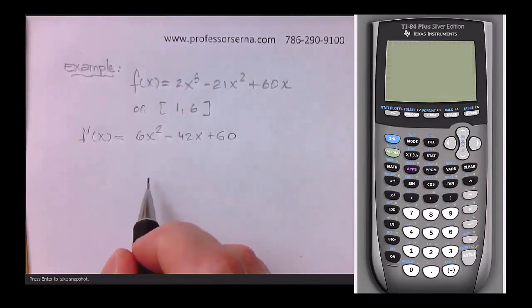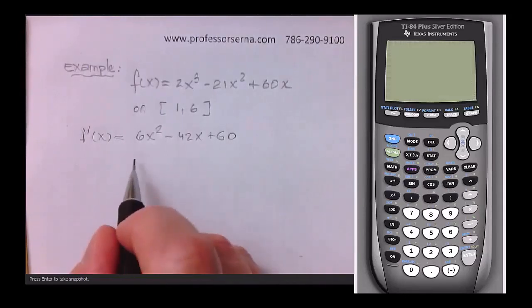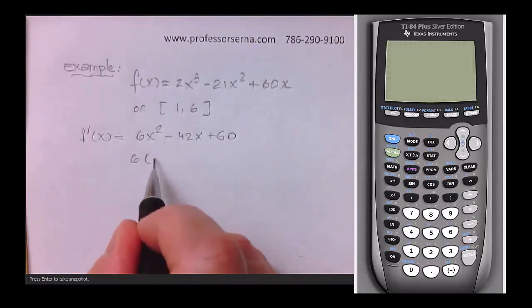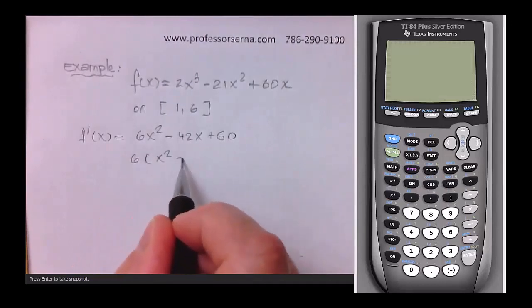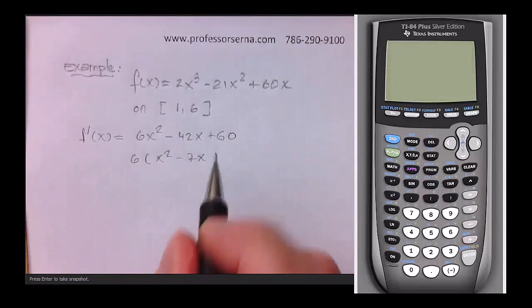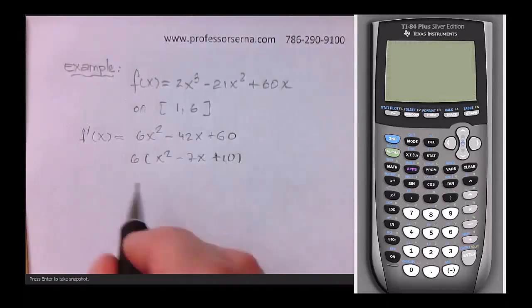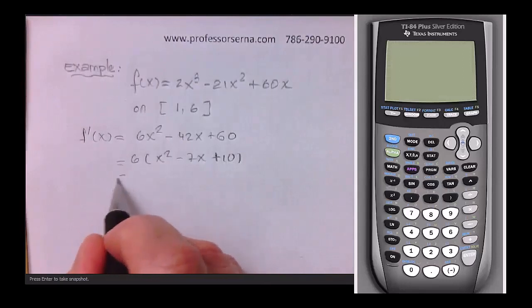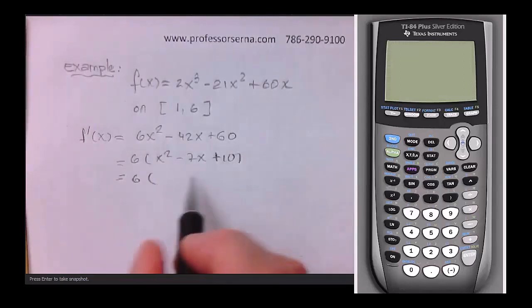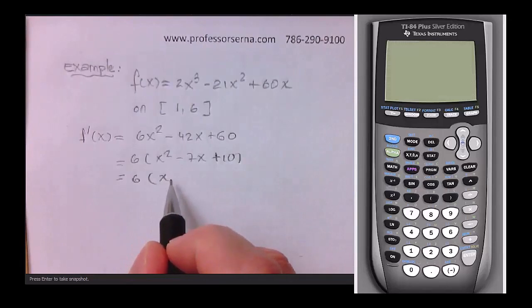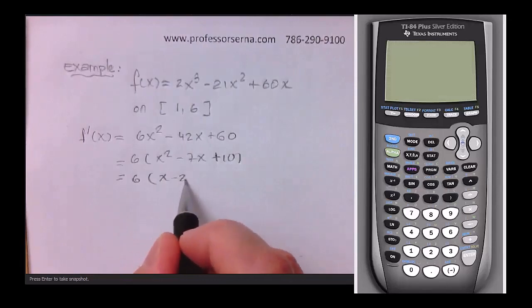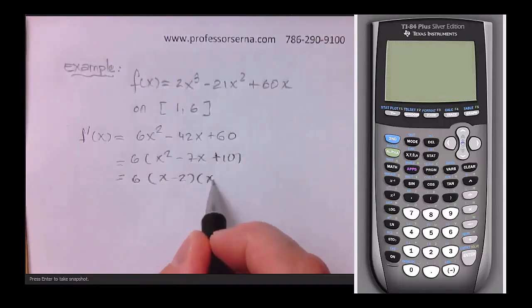And we can factor 6, that multiplies x squared minus 7x plus 10. And we could also factor this, which is x minus 2 times x minus 5.